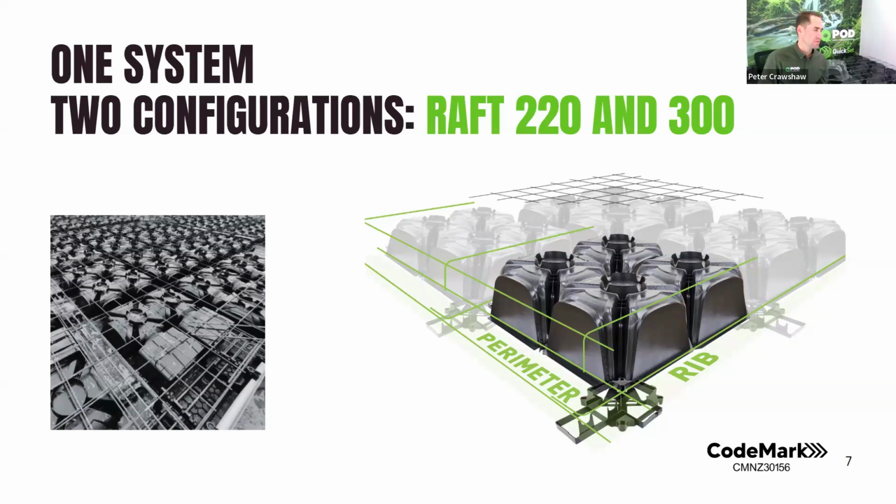Yeah, that is a great question. So most of the engineers on the call would be familiar with designing raft slabs with the polystyrene pods and the calculations associated with that. So this being the same dimension as a polystyrene pod, so 1100 by 1100 by 220 or 300 high, you can apply those same calculations to it and just say, hey, we're using QPOD in here as a void filler instead of polystyrene.